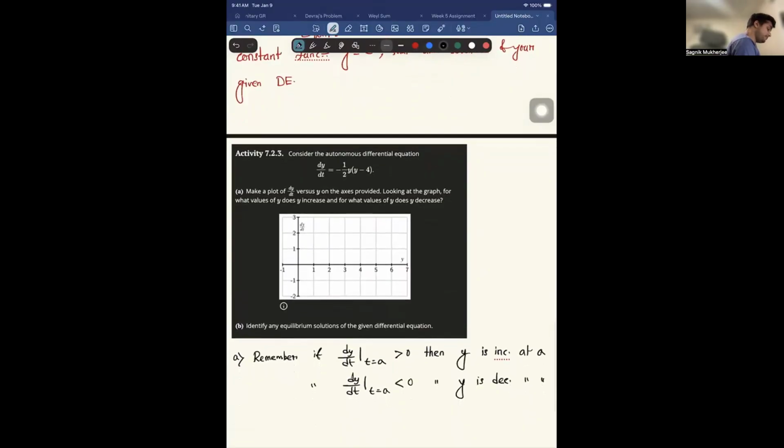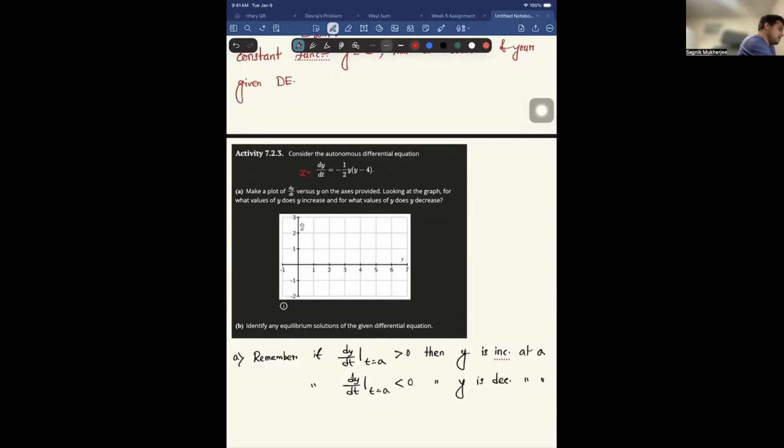So let's see. So you want a plot of dy/dt versus y. Okay. Now, your new variable here is z, and z is negative 1/2 y times y minus 4. So what kind of graph do you get when you plot z versus y?